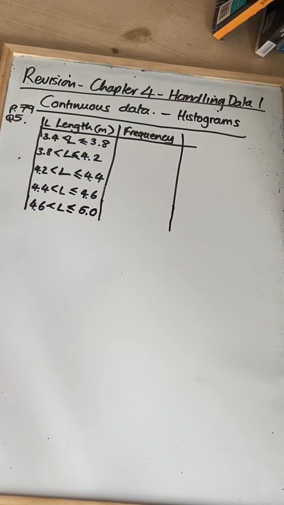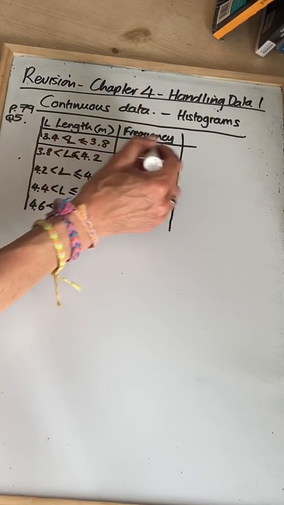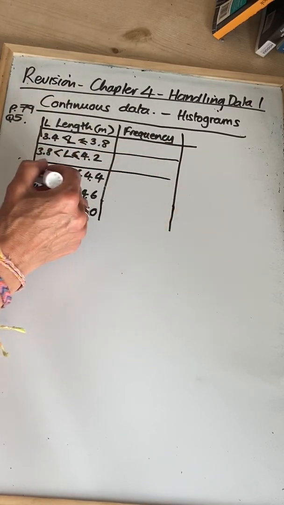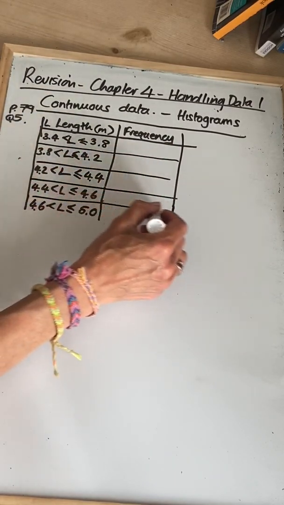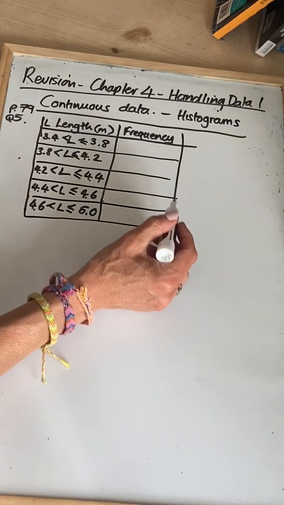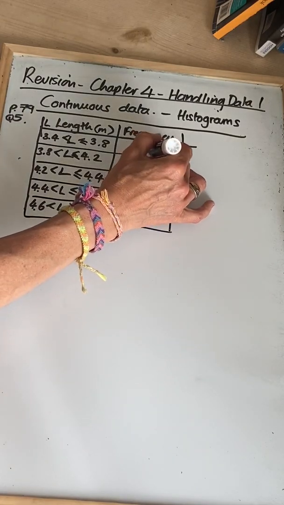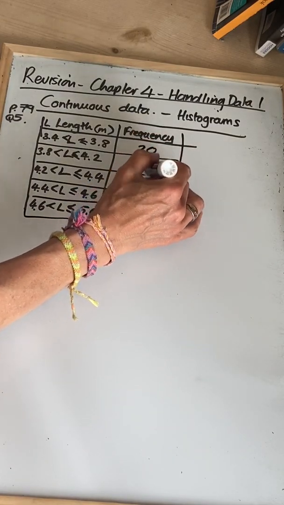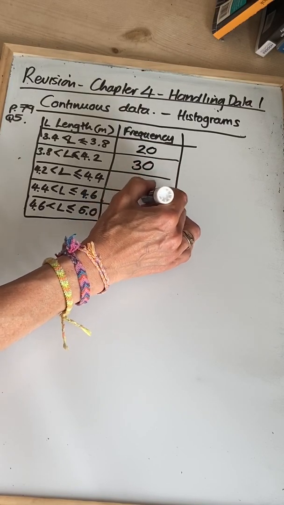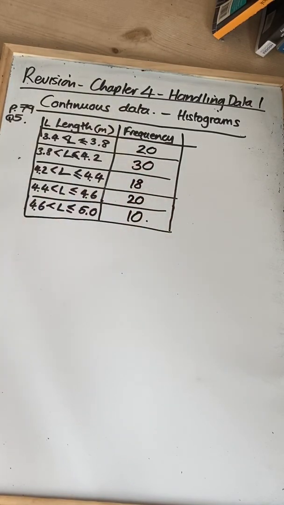So somebody has gone and measured the cars in this car park, and we'll just have a look at how many they found in each category. So 20, 30, 18, 20 and 10.